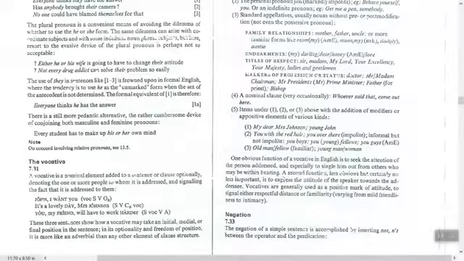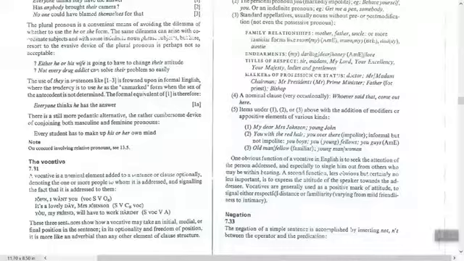Very easy. The second function, less obvious but certainly no less important, is to express the attitude of the speaker, the addresser, toward the addressee.